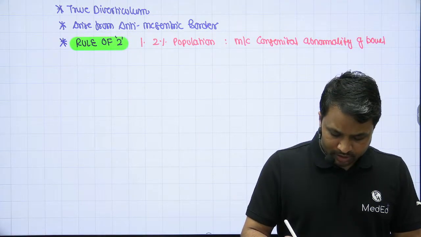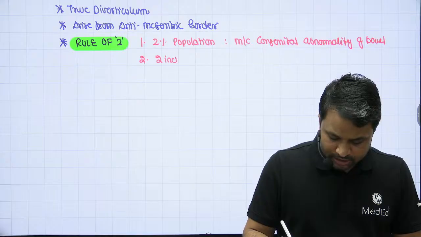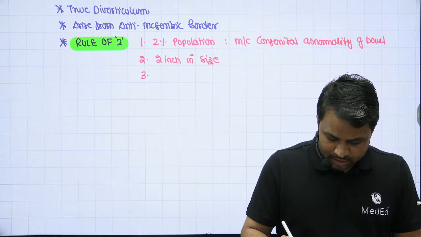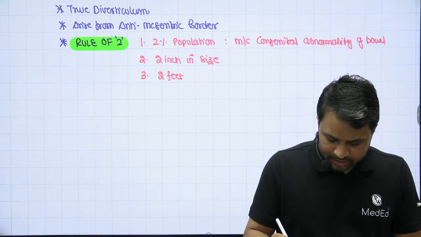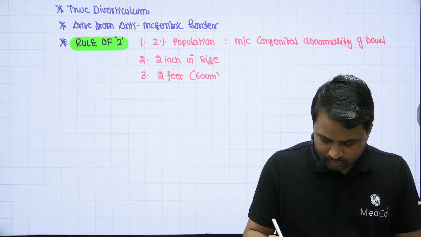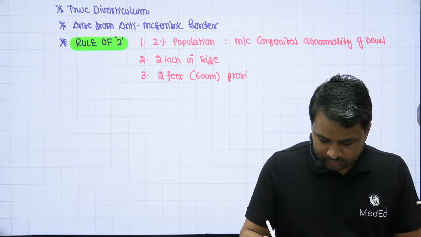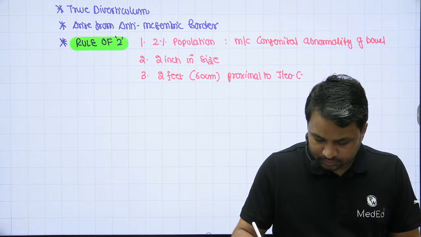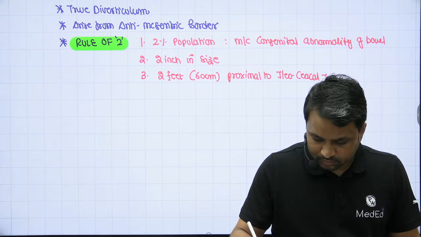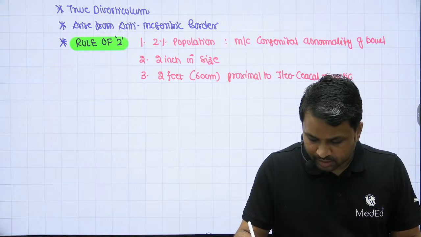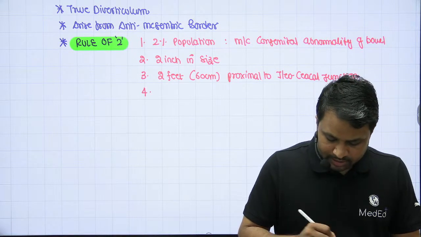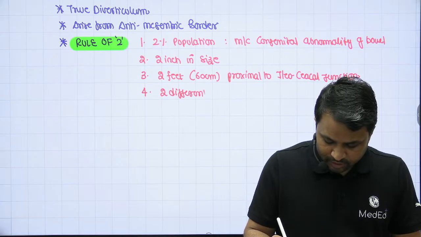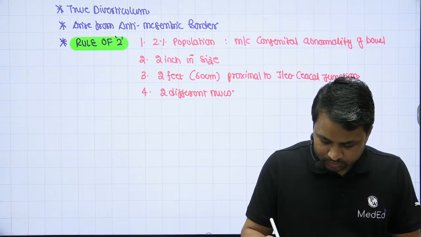So it's 2% of the population, and it is going to be 2 inches in size. This is going to be 2 feet, approximately 60 centimeters, proximal to the ileocecal junction. It is 2 feet proximal to the IC junction, and it has 2 different types of tissue.